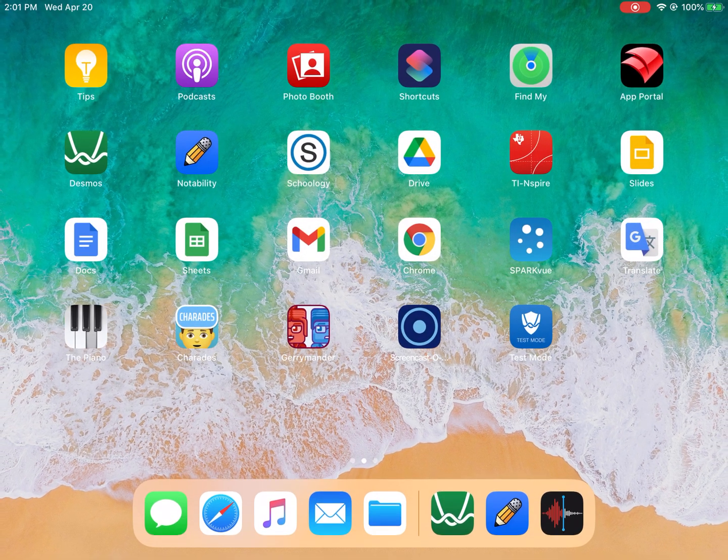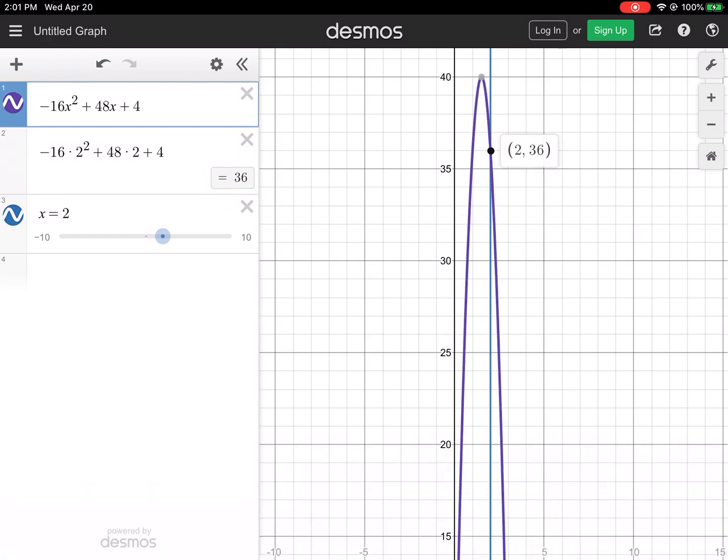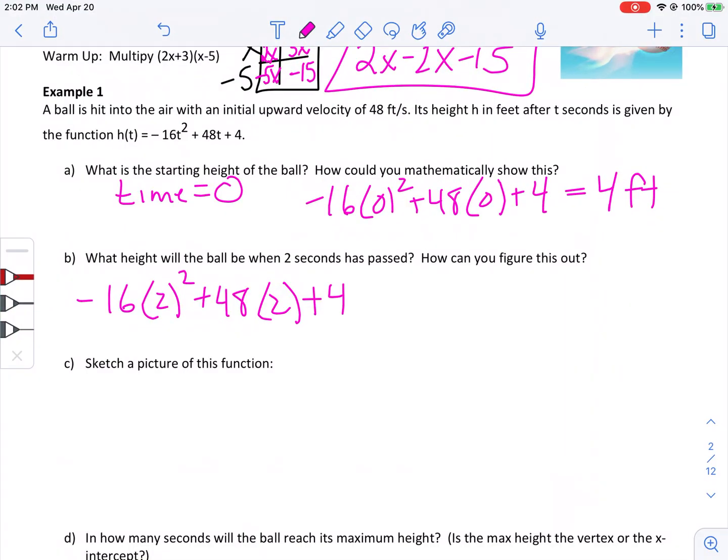Did I have this? Oh, I see. I had times positive 4. Let's see if I just do times 2 plus 4. There we go. Then I end up with that. At 2 seconds, it's at 36. So we'd have 36 feet.